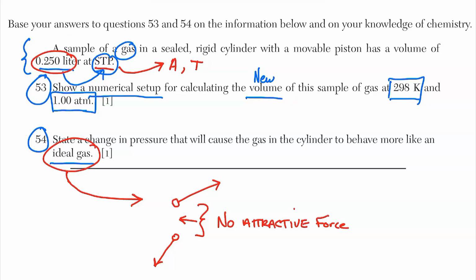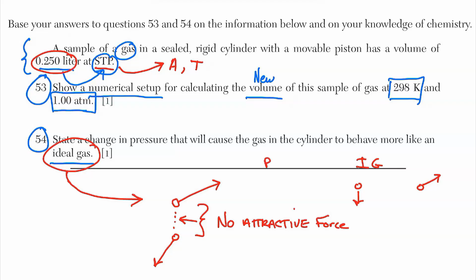So how can I deal with pressure and make a gas that has some attractive force have less? Well, I think of two things. I can teach this the way that I'd love to, and then I'll give you the easiest way to do it. The ideal gas is going to have gas particles that are farther away moving independently in straight lines.